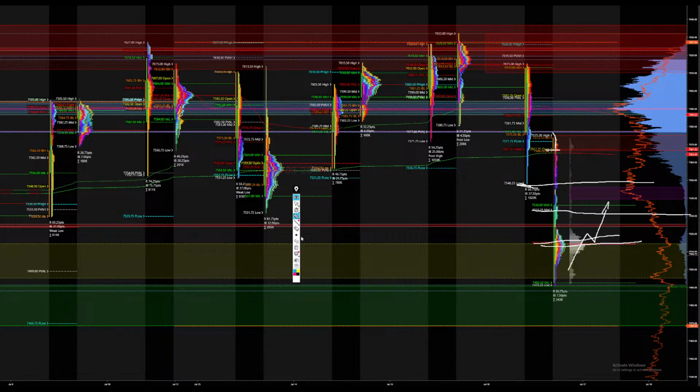What I typically see a lot of times on big gaps like this is the overnight VPOC becomes very powerful. When the market opens and the VPOC for today early on becomes the overnight VPOC, moves that move away from that are very explosive. So I'm going to keep my eye on that.